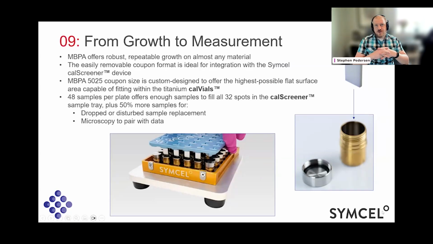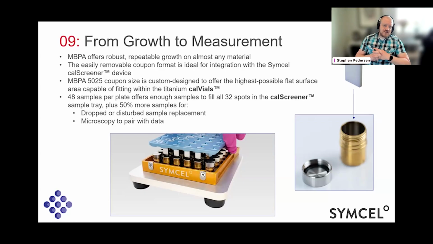So our half-inch long by quarter-inch wide coupon was specifically designed to fit this calScreener. The product number is this right here, the MBPA 5025, to get that coupon size. We also offer the MBPA alignment plate in the height that will allow for perfect alignment for those.